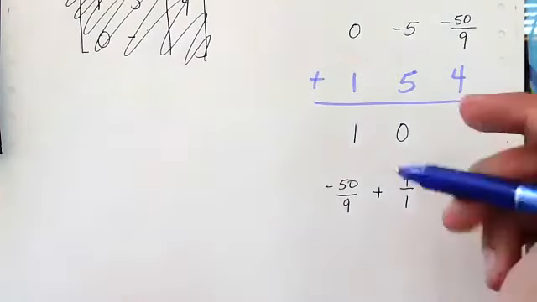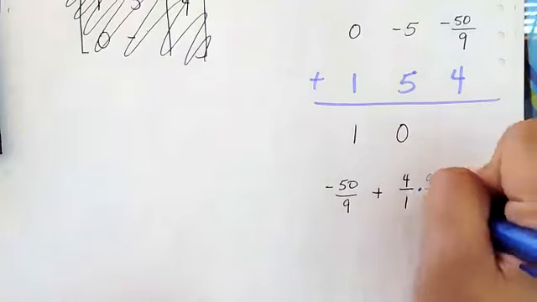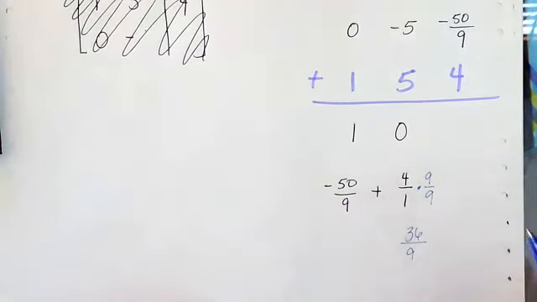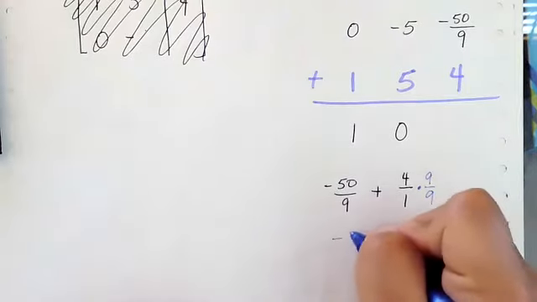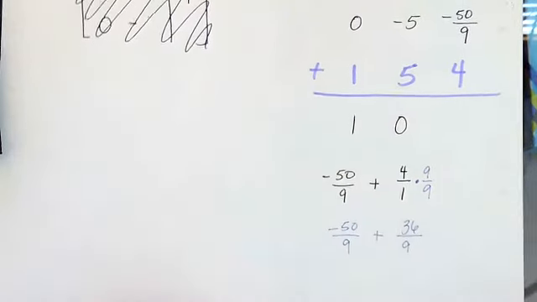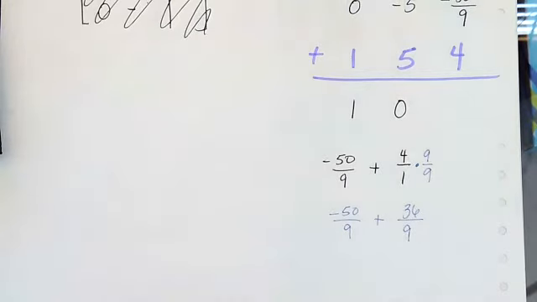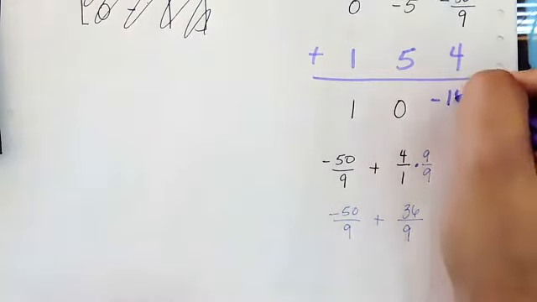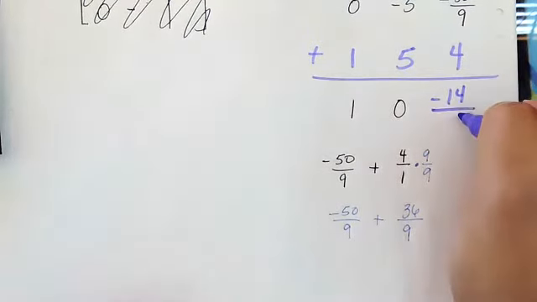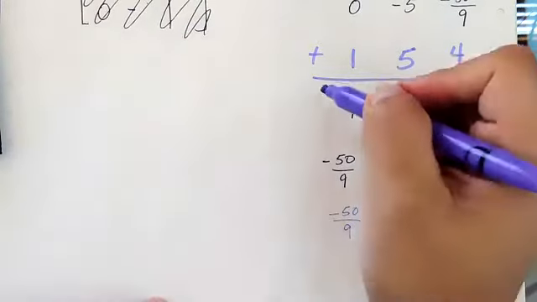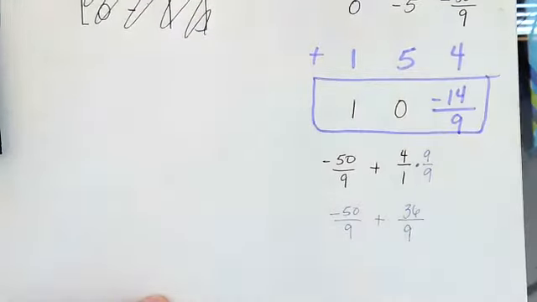So what I might do is multiply this guy by 9 over 9 so that I have 36 over 9 plus -50 over 9. And then this is just -50 plus 36. We can do that in the calculator. I get -14 on top, and then a denominator of 9, and that doesn't reduce. This is the guy that we want.